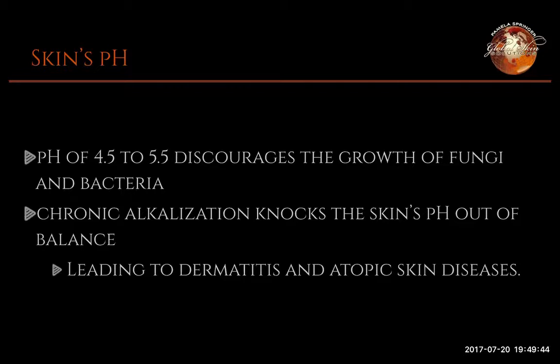When skin is alkaline, it knocks out the pH and creates issues with skin conditions like dermatitis, eczema, xerosis. These are conditions where, if you tested with a pH strip, you'll find that the skin is alkaline.